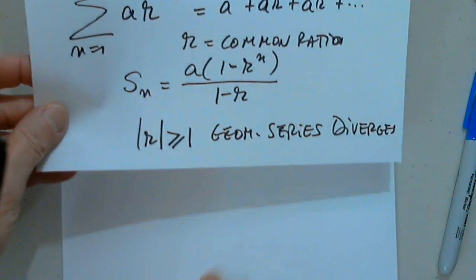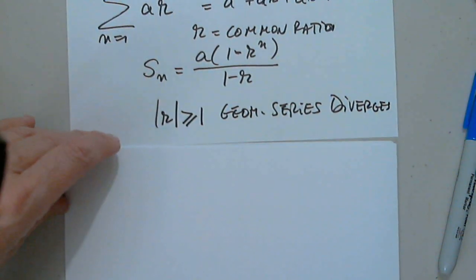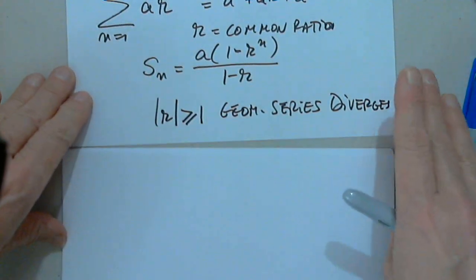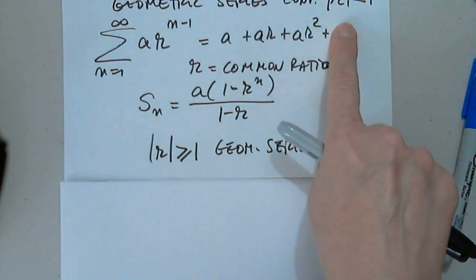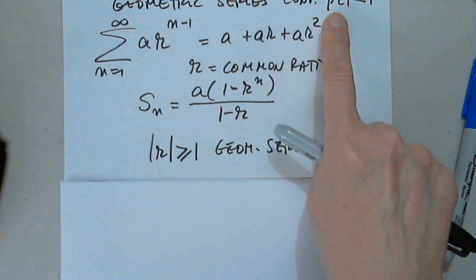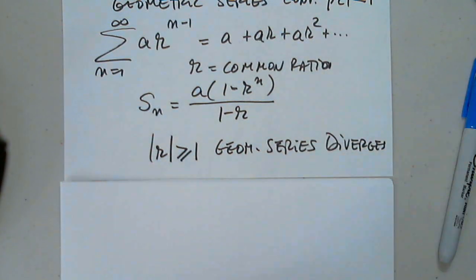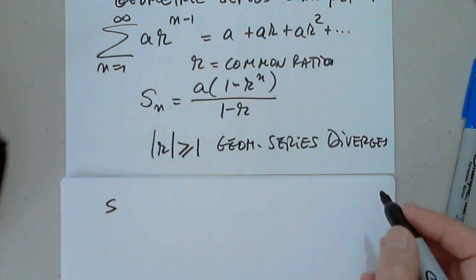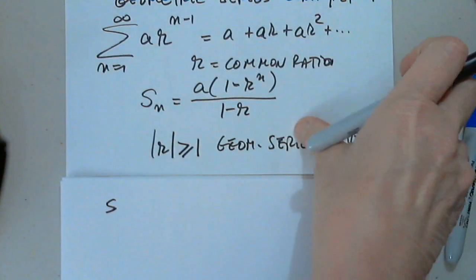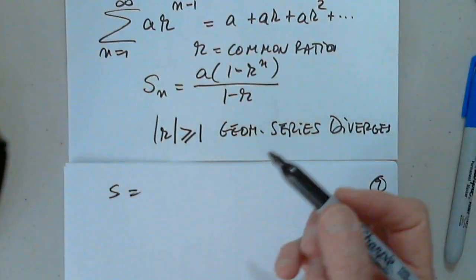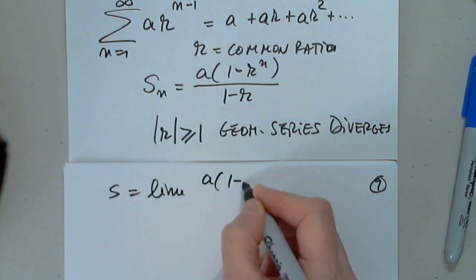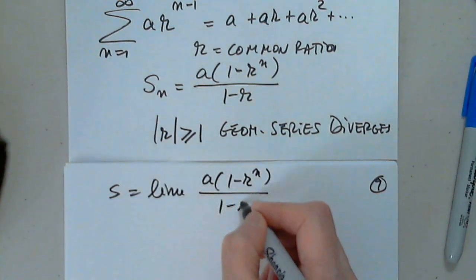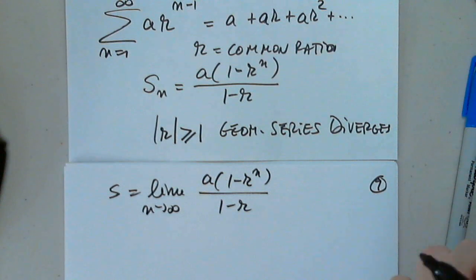Now, this is the nth partial sum. What would be the sum of the geometric series, assuming it's convergent, when its ratio is a small number between -1 and 1? So the sum of the infinite series will be the limit of this, right? So the limit of a times 1 minus r to the n over 1 minus r when n approaches infinity.